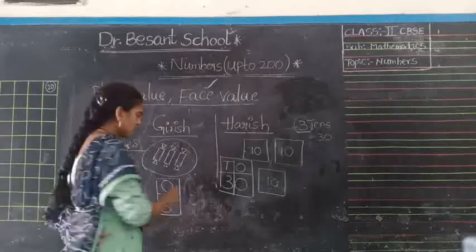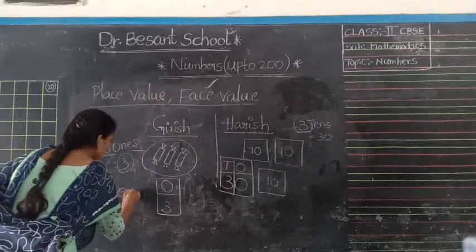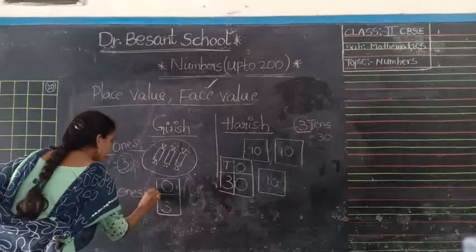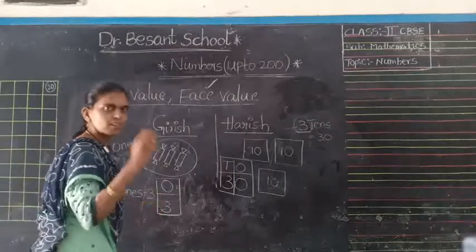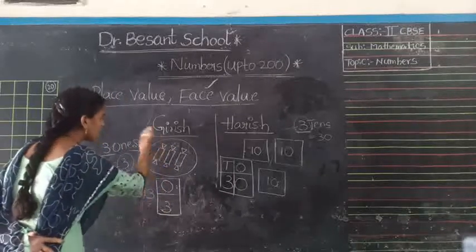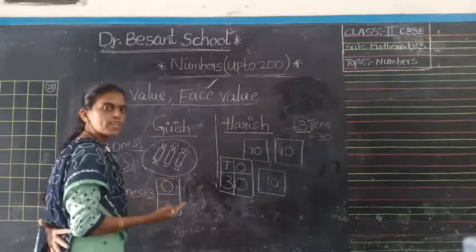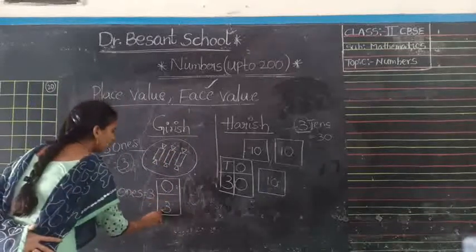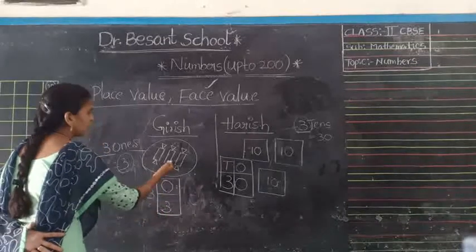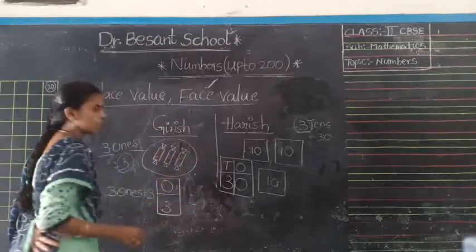So the value of 3 in ones place will be 3 ones is equal to 3. 3 ones are 3 only? Yes. The value of 3 here in Girish's chocolates is equal to 3. So he buys only 3 chocolates. 3 only. 1, 2, 3.